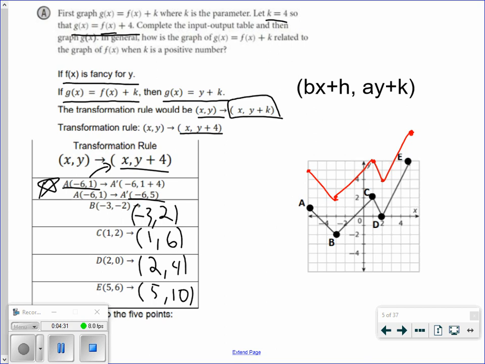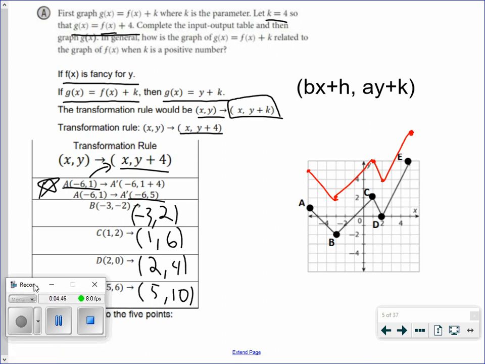That'll be our full transformation rule. Just write it down, have it memorized. We're going to be using it all year, so it's a good time to start looking at it and memorizing it and getting used to it. I just wanted to introduce it to you guys. So we're going to keep going.